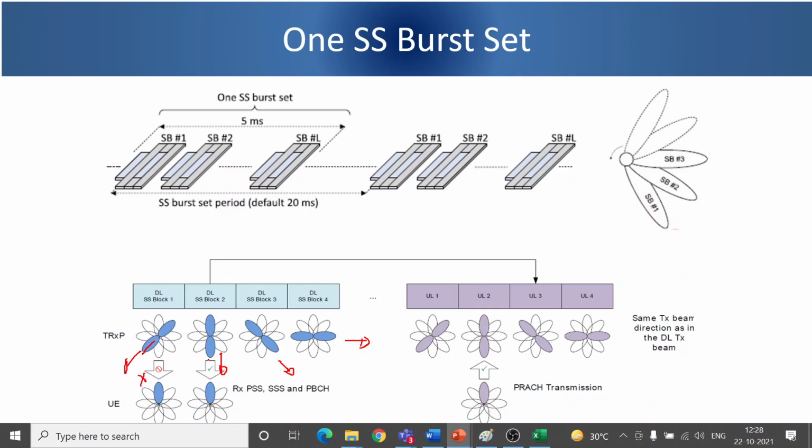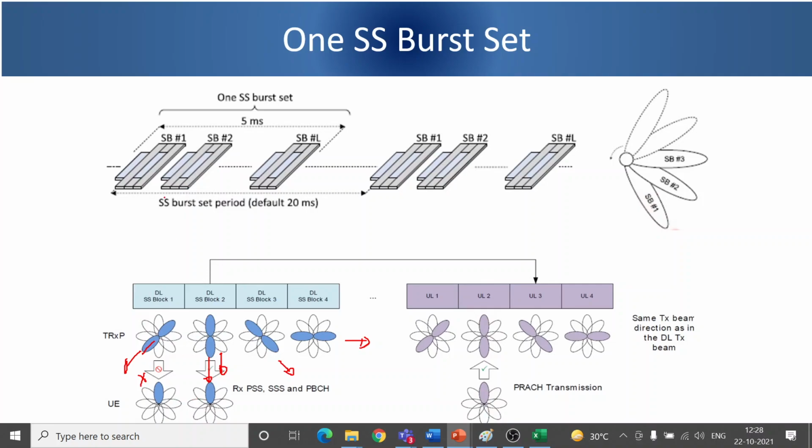But next time the beam direction is aligned to this particular user, so it will select this beam. So basically, it latches onto a correct beam, decodes that and uses that for subsequent purposes. And it happens for both uplink and downlink direction.